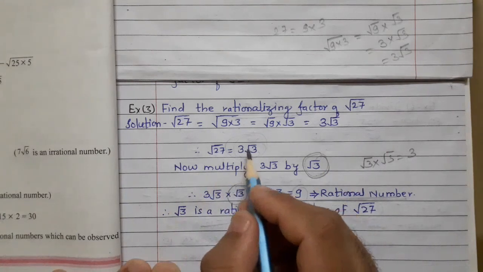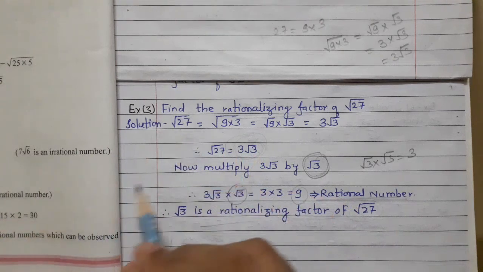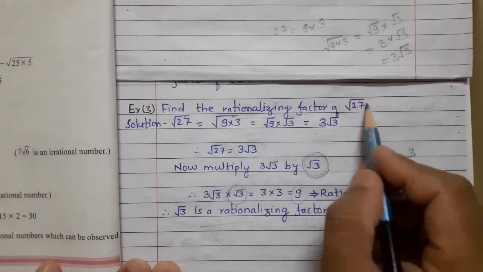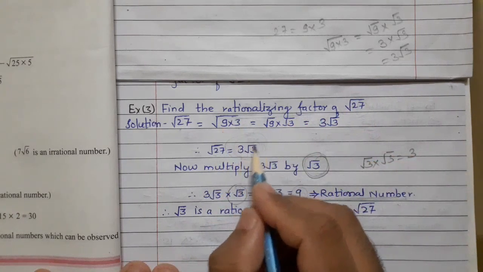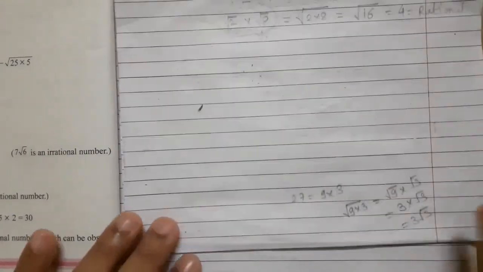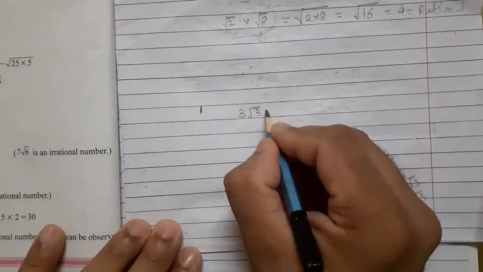Here first of all we find the simplest form of square root of 27, and then we find the rationalizing factor of square root of 27. So we have the simplest form 3 multiplied by root 3, and then we multiply by square root 3.